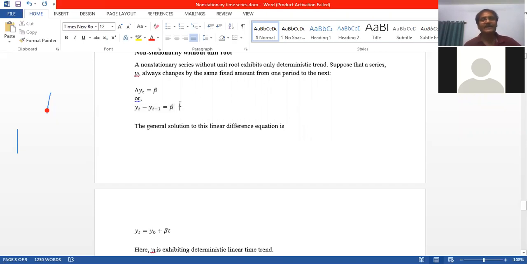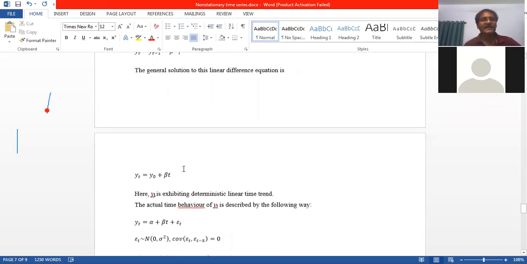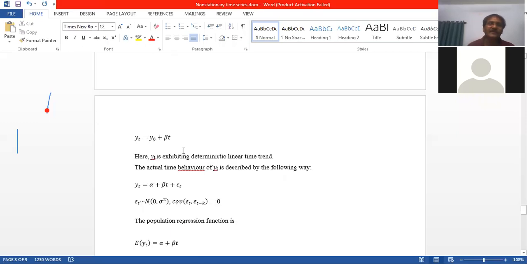Actually, suppose yt follows this type of path, but not exactly on a straight line. So let me introduce some random deviation from this straight line. So to analyze the actual behavior of the time path of yt, suppose we specify yt in this way: yt is equal to alpha plus beta into t plus epsilon t. Alpha is similar to y naught, the initial value of y, which we now denote by alpha. This is the beta coefficient, and we simply add here epsilon t.